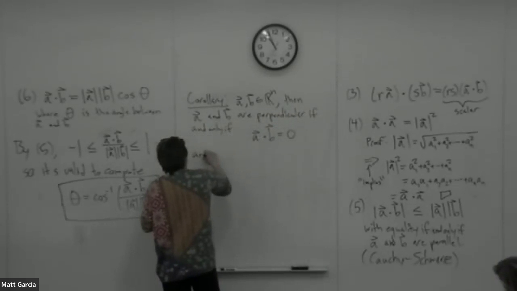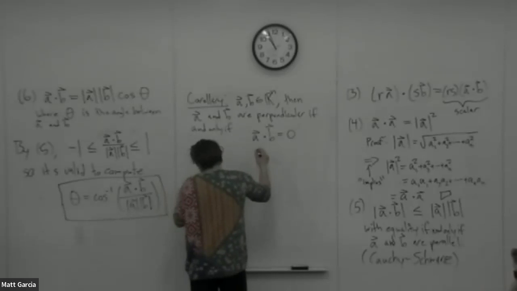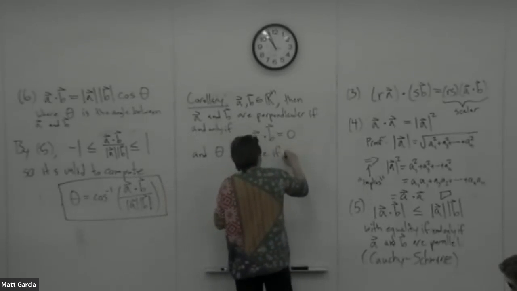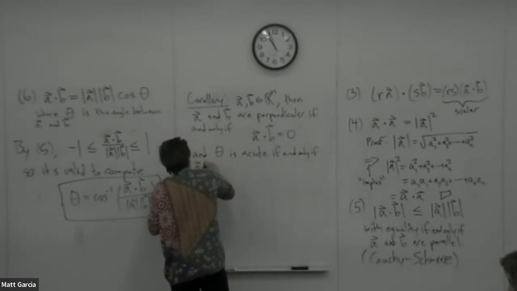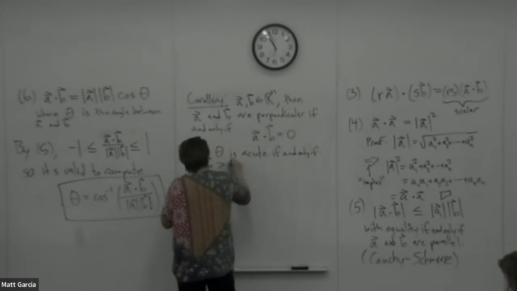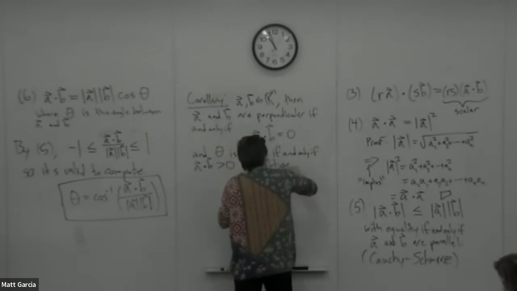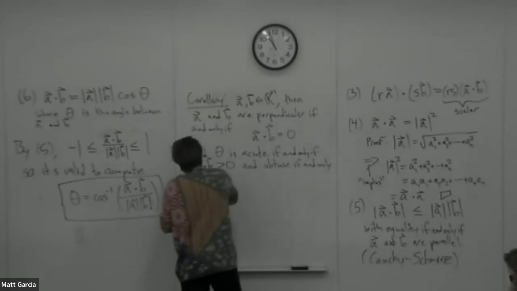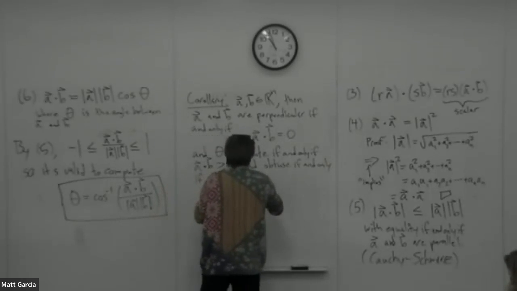And we can say more. Theta is acute if and only if the dot product, which is a scalar, remember, is greater than 0, and obtuse if and only if the dot product is less than 0.